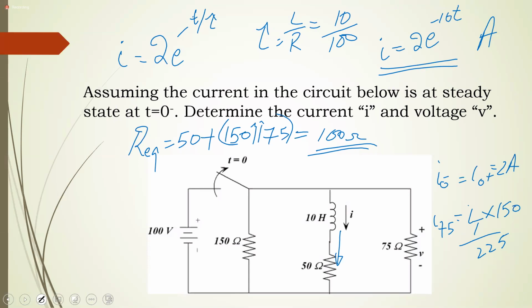So it will be 2 times 150 over 225, 300 over 225, e to the negative 10t. And 300 over 225 is 4 over 3.